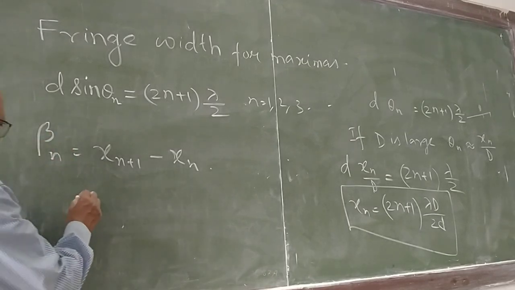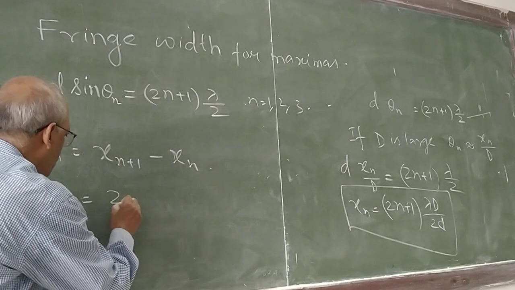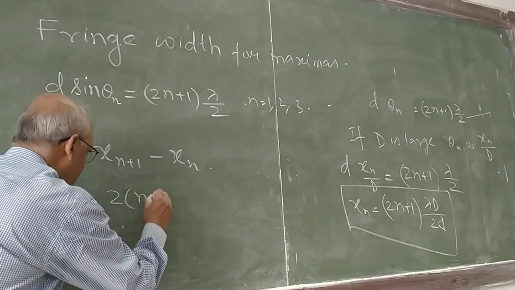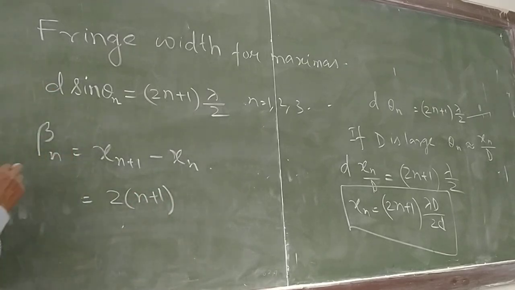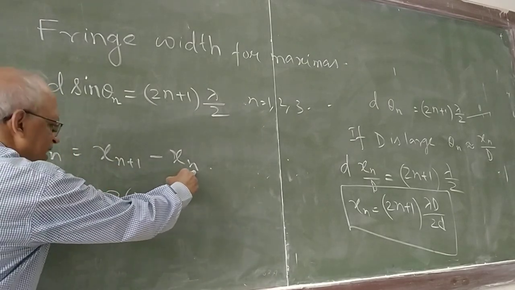Put this equation, very simple. First case, put n is equal to n plus 1, second case n is equal to n.